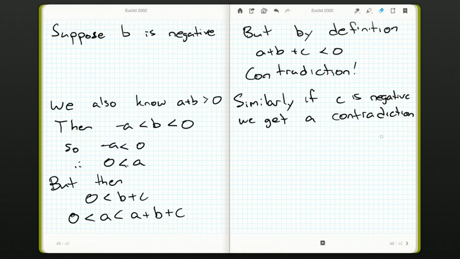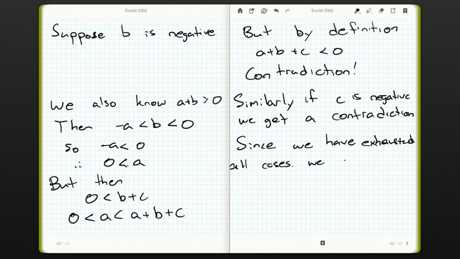We still got a contradiction out of there. So no matter where we turned, we had an error, we had something that didn't make sense, we had a contradiction.